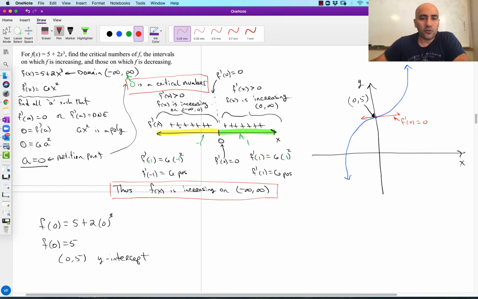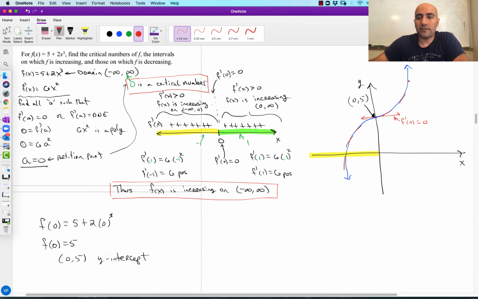And we established, or it confirms, that from the interval from negative infinity all the way up to 0, the tangent lines are going to be positive. And then from 0 all the way out to positive infinity, the tangent lines are also going to be positive. So all these tangent lines are going to have positive slopes.